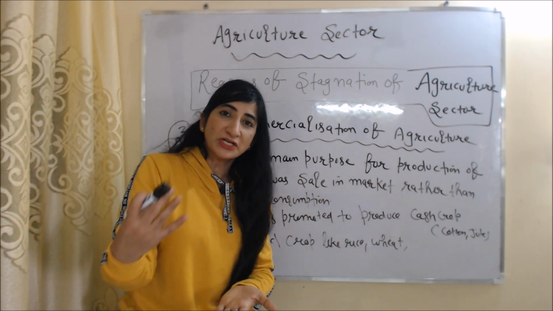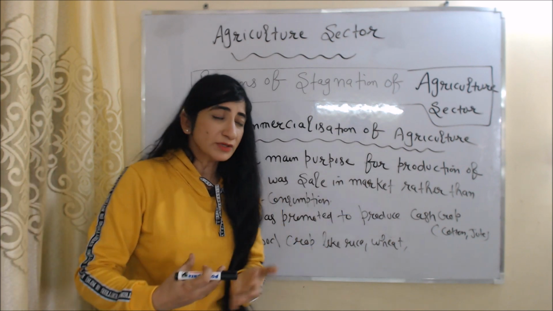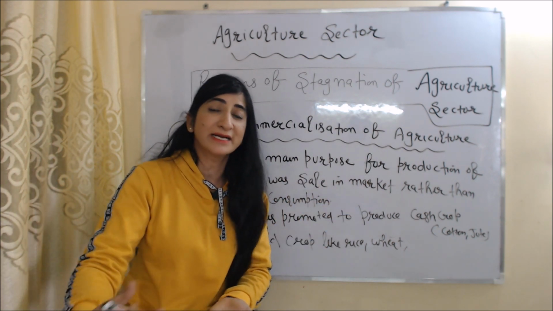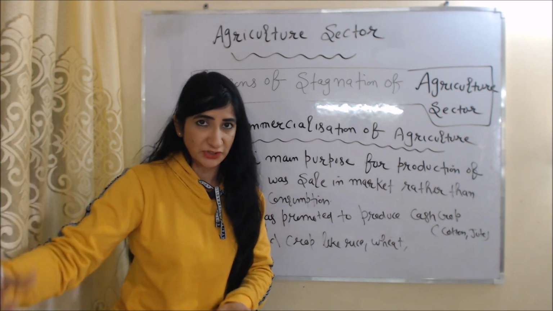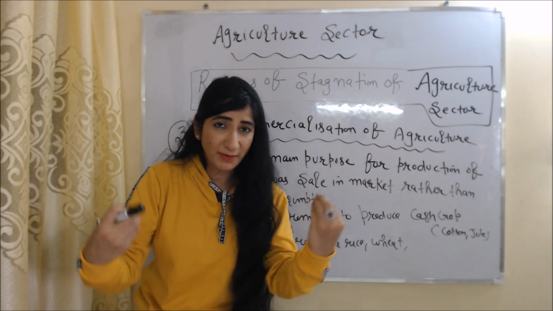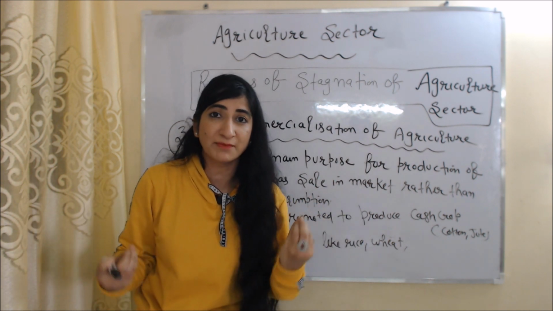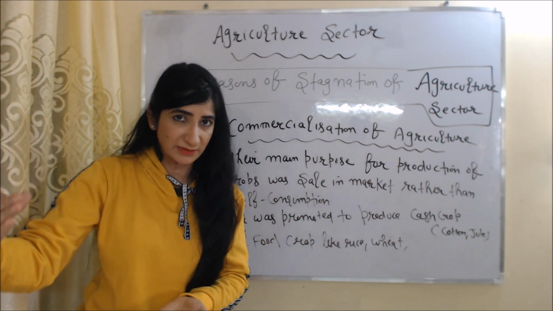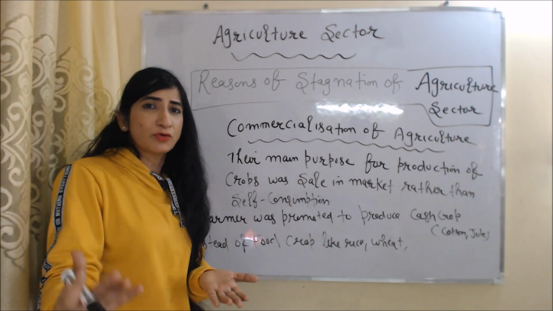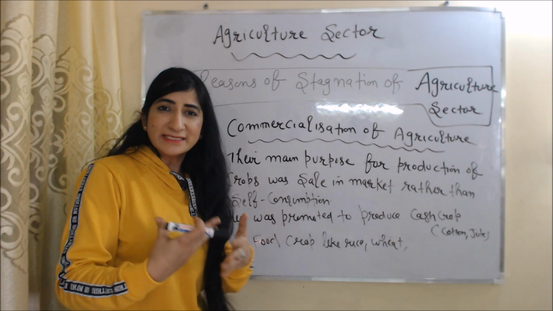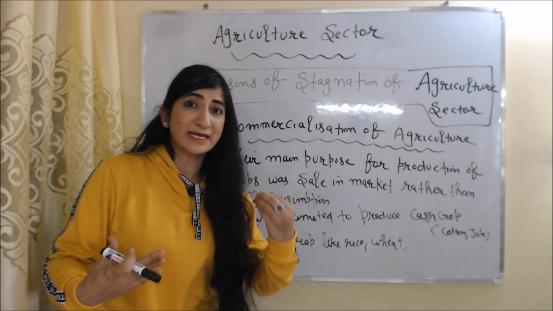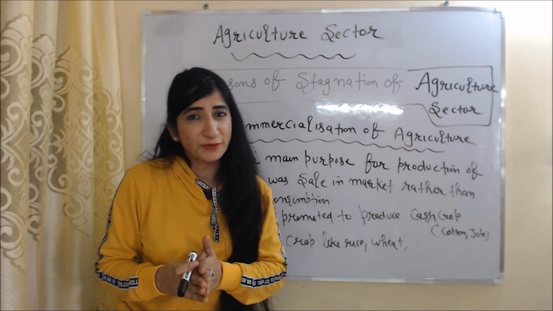The British commercialized agriculture because their main purpose for production of crops was sale in the market rather than self-consumption. That's why farmers were promoted to produce more cash crops like cotton and jute, instead of food crops like rice and wheat, because the cash crops were sent to their own country for making finished goods.